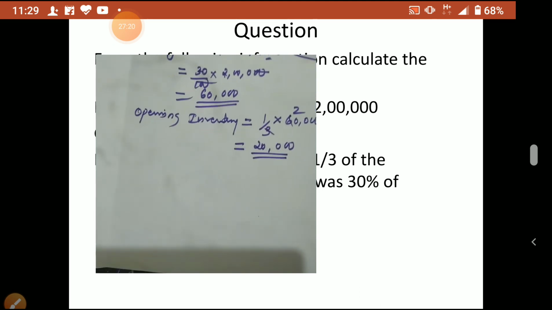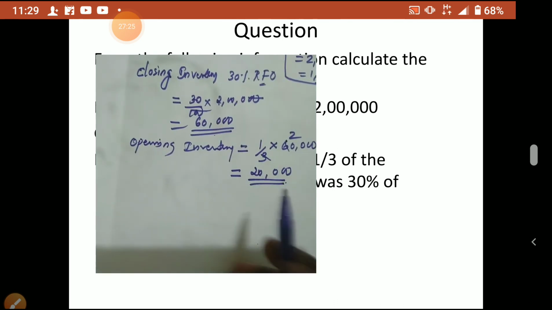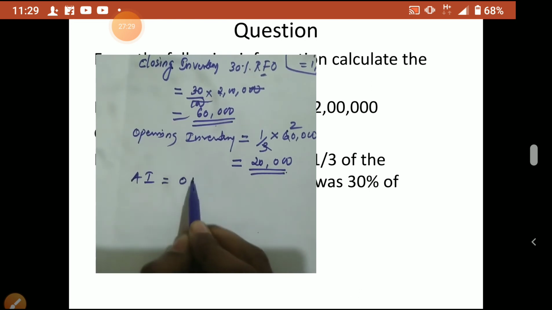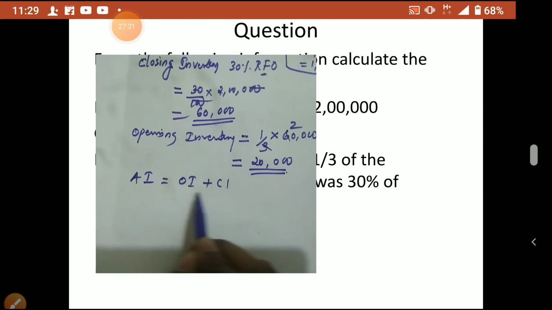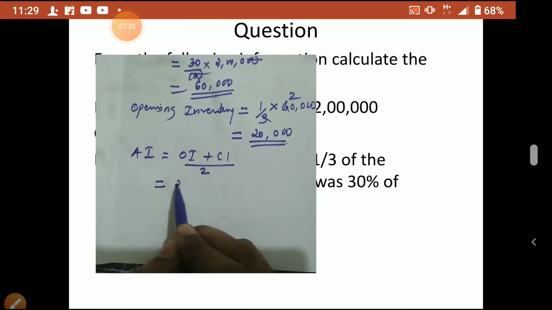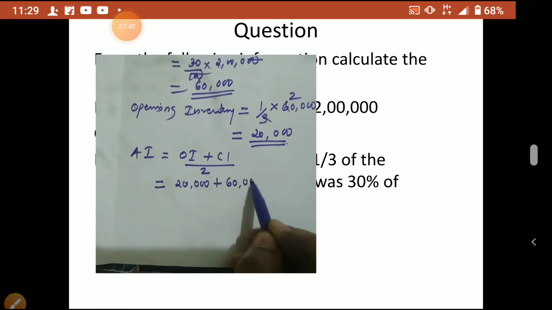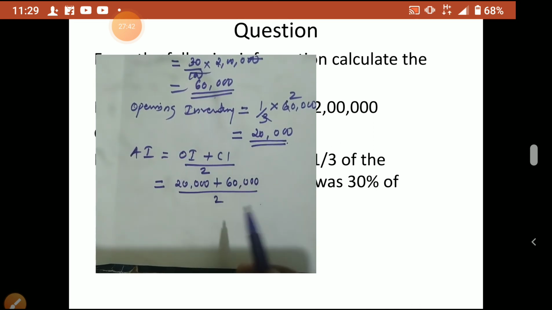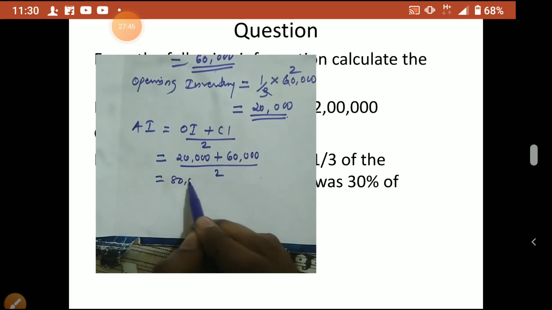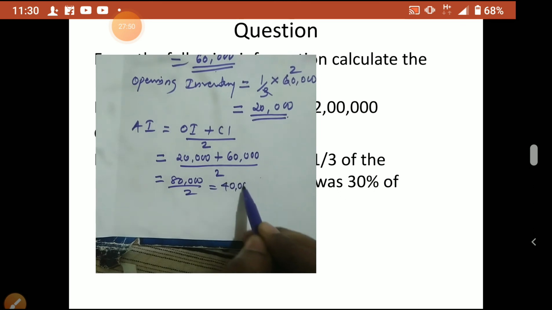Understood? Now we have to calculate average inventory. We got closing inventory and opening inventory. Average inventory is equal to opening inventory plus closing inventory divided by 2. So opening inventory 20,000 plus closing inventory 60,000, 80,000 divided by 2 is equal to 40,000.